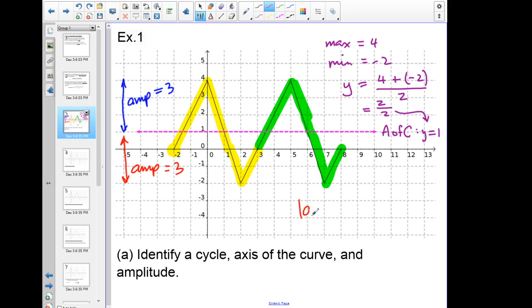And now the amplitude is equal to, and so in this case we use the subtraction formula, 4 minus -2 divided by 2. 4 minus -2 is 6 divided by 2. And so we end up with our amplitude is 6 divided by 2 is equal to 3.